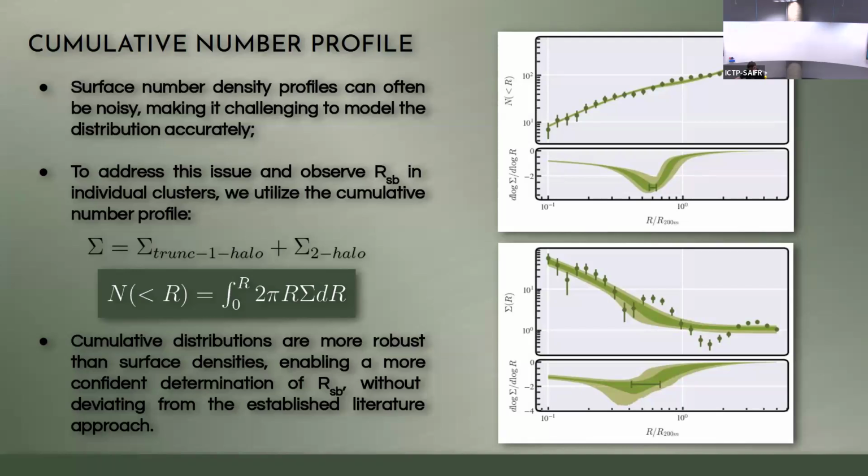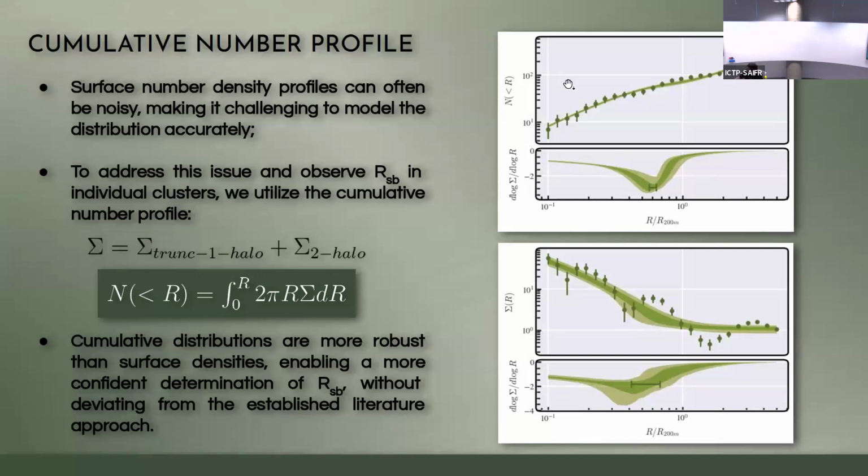I mean, you count galaxies within a given circle of this radius. This is essentially what this N means. Sorry, I'm digesting slowly. But anyway, it's really clear that a cumulative distribution is more robust than a number density profile.